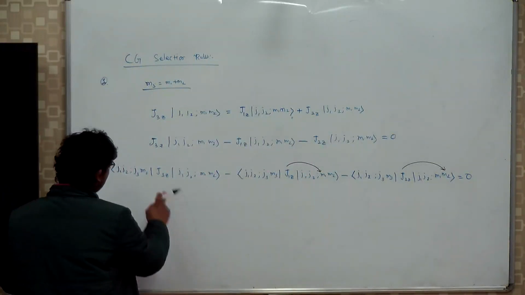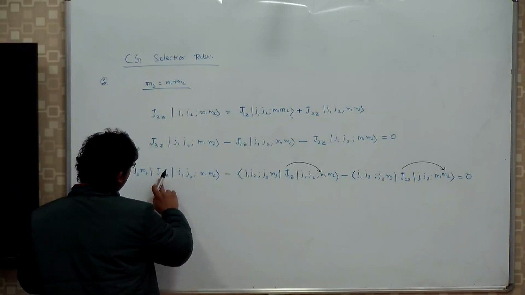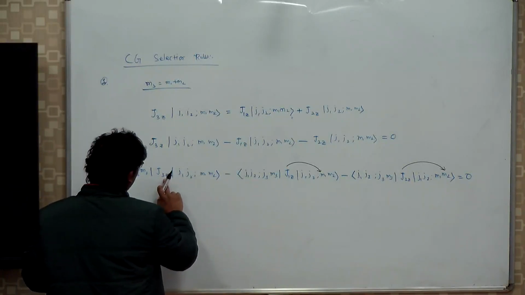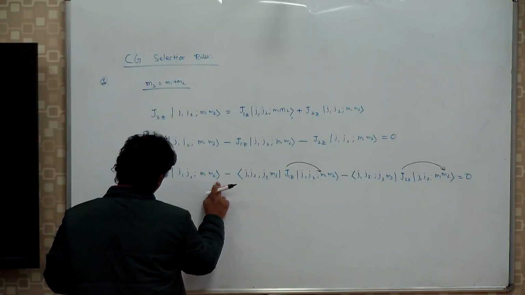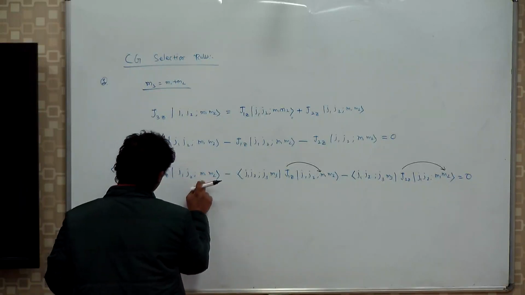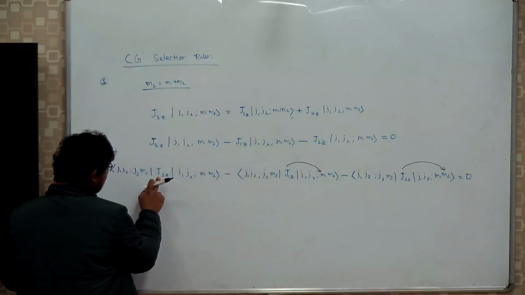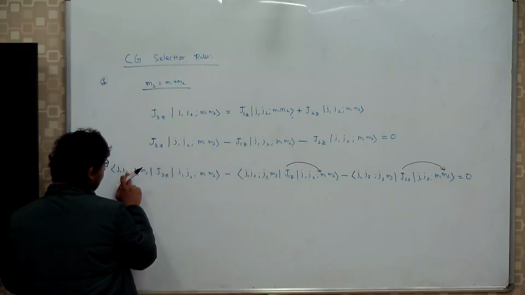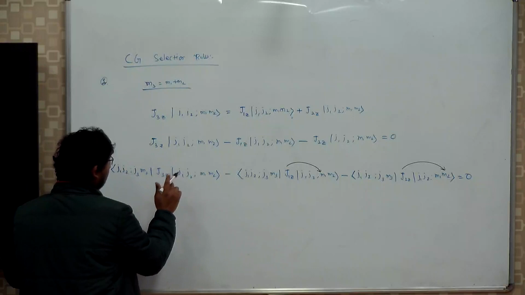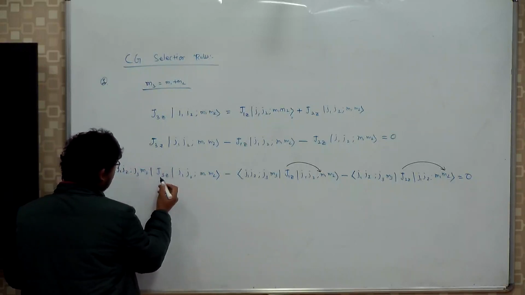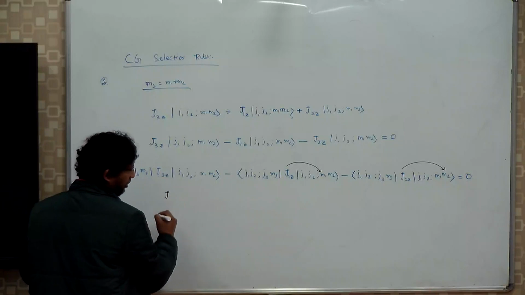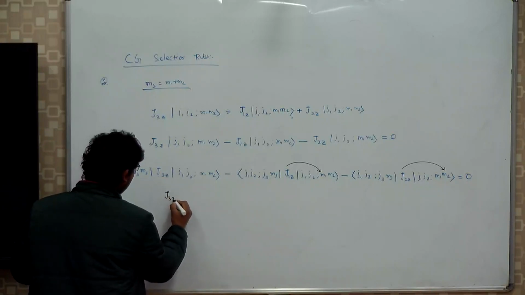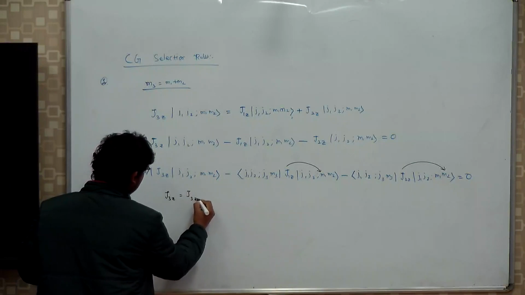But when you come here, J3Z acts on the coupled state, but this is not a coupled state, this is an uncoupled state, so it cannot act on this one. So in other words, the J3Z can act this way, but if it is acting this way, then J3Z must be Hermitian. J3Z is nothing but J3Z Hermitian.